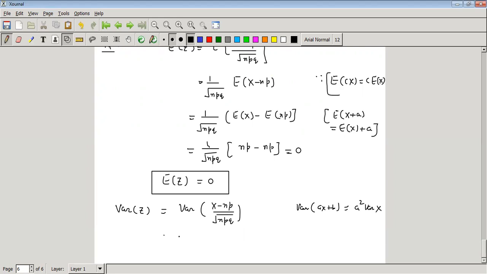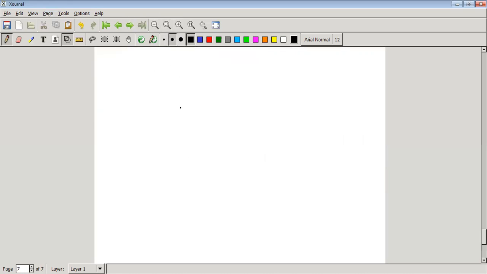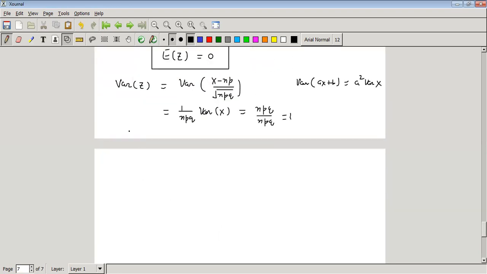So we can write this as 1 upon npq, because a, the coefficient of x, is 1 upon under root npq, so a square is 1 upon npq, times variance of x, and variance of x is npq. So npq over npq is 1, so variance of Z equal to 1. In this way we find the mean of Z, that is 0, and the variance of Z, that is equal to 1.